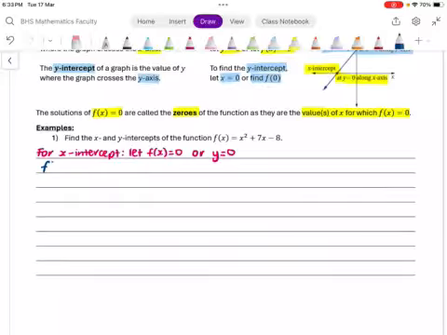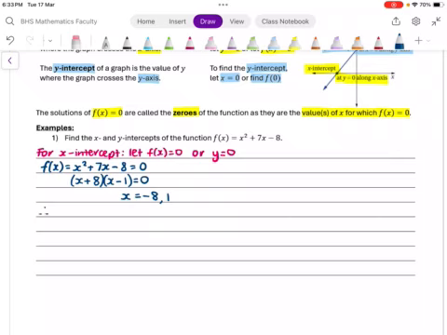So we have f of x equals x squared plus 7x minus 8 equals 0. What we need to do from here is factorize this quadratic. When we factorize, we're left with x plus 8 lots of x minus 1 equals 0. So x, when we solve, is equal to minus 8 and 1.